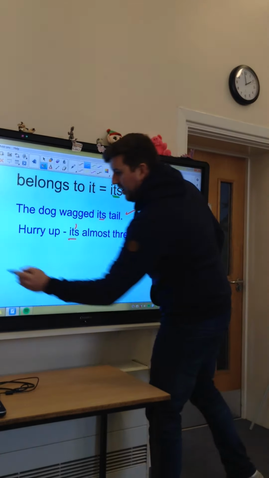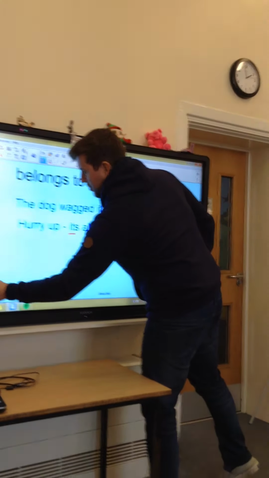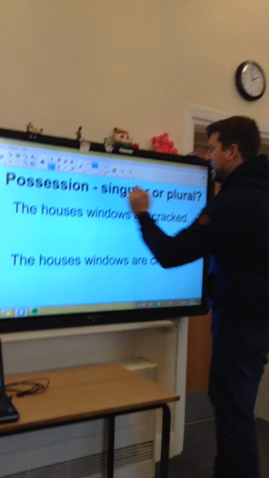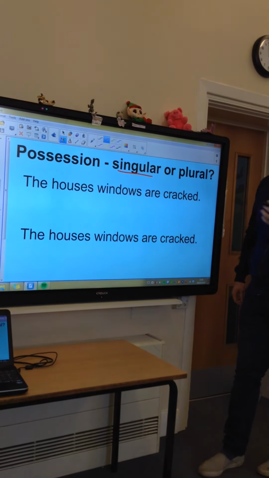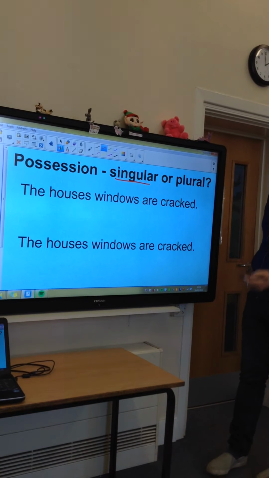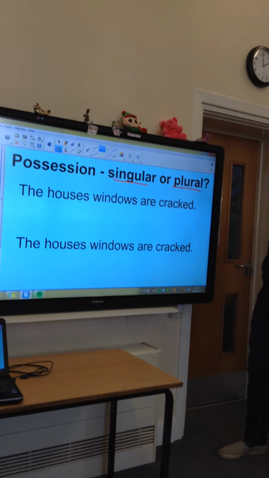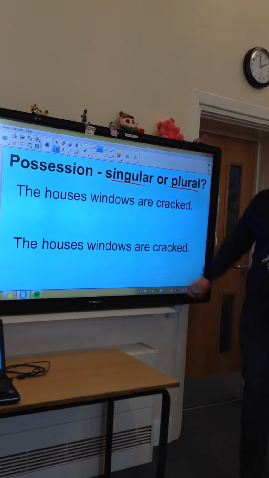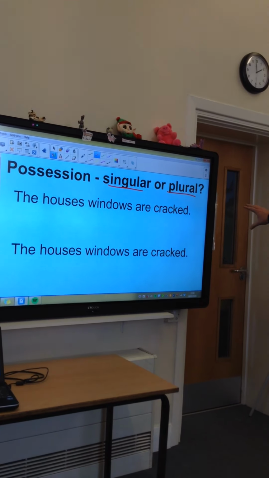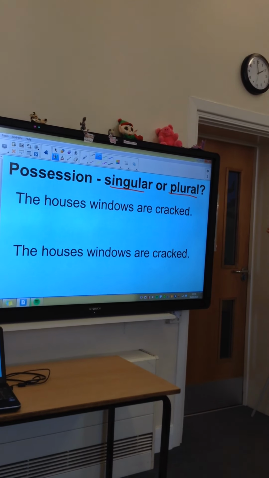So the final thing we're going to have a look at in terms of apostrophes is this idea here. When we're talking about possession and it belonging to someone or something, is it just a singular person, so just one person or thing, or is it more than one? Is it plural? So for instance, have a look at this sentence here. Same sentence, the house's windows are cracked.